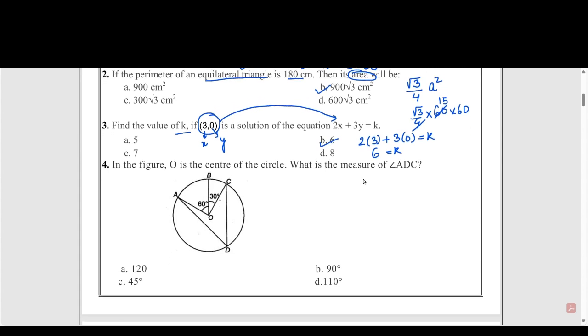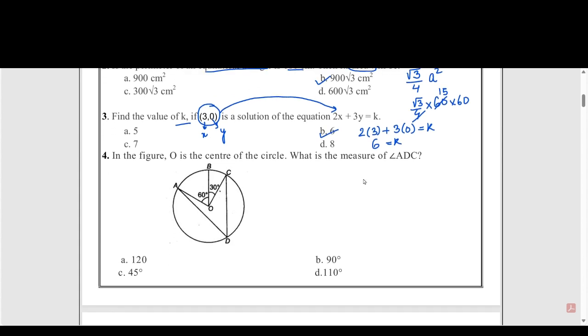Next, question number 4. Find the value of ADC. This is a question based on circle, and you must have studied the theorem where the angle subtended by an arc, this arc AC at the center, is double the angle subtended by it at the remaining part of the circle.